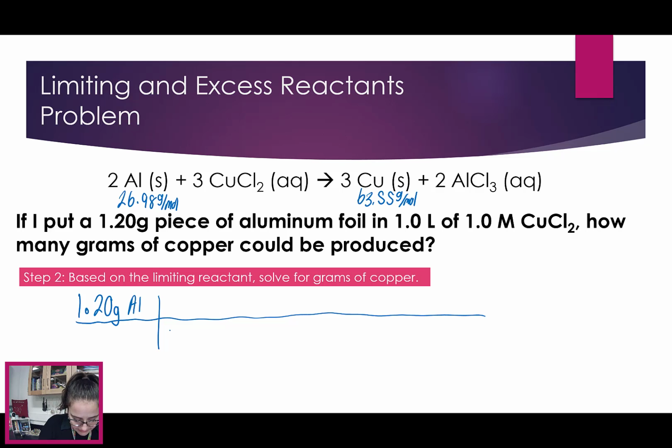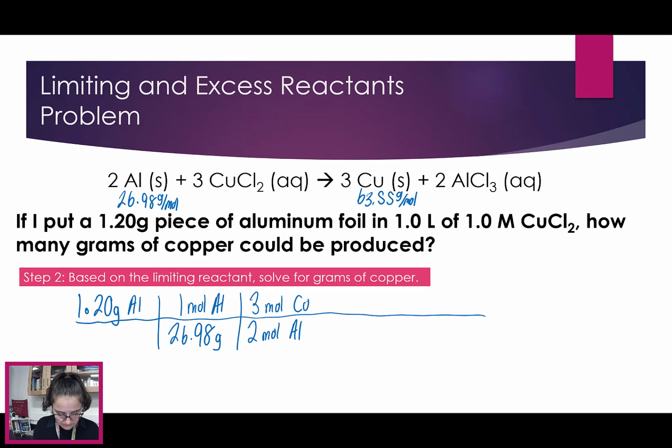So first I convert the aluminum. 26.98 grams is 1 mole of aluminum. And I know for every 2 moles of aluminum that react, I get 3 moles of copper. Okay, and that's what we're looking for.